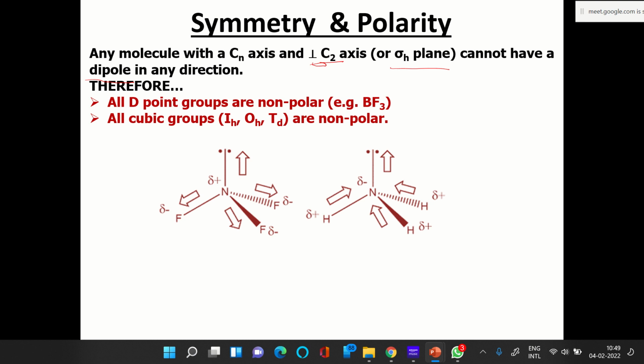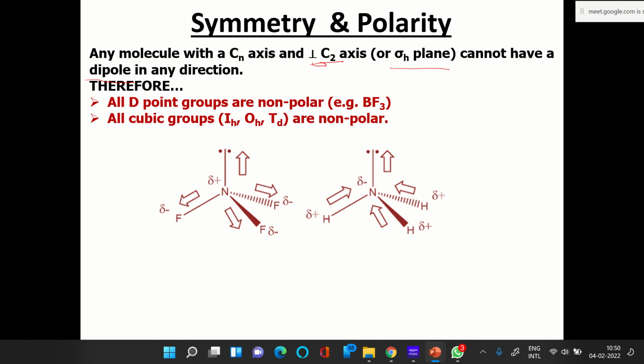This is C3v. Now there is one more important point that I would like to point out. This only tells you which groups can have a dipole based on the structure. Simply from geometry, we are saying that the groups Cn and Cnv are likely to have a permanent dipole moment. But there is one more point of caution: the dipole moment also depends on the nature of the bond.